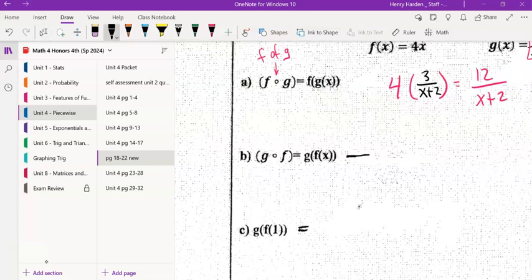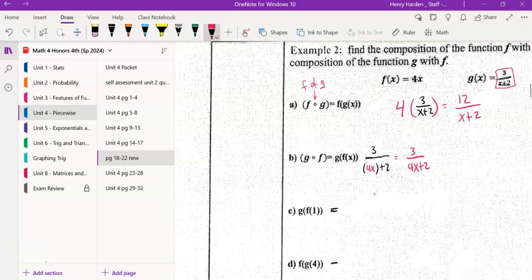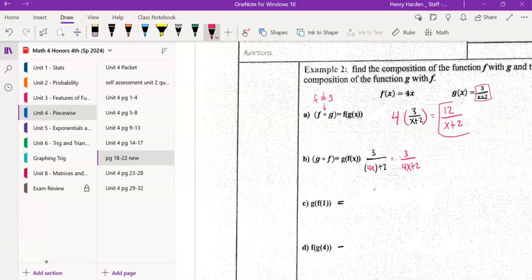So we're going to just go 3 over, and then where the x was, we're going to put in f. F is 4x. So then the way that's going to read is 3 over 4x plus 2. And these are our final answers.